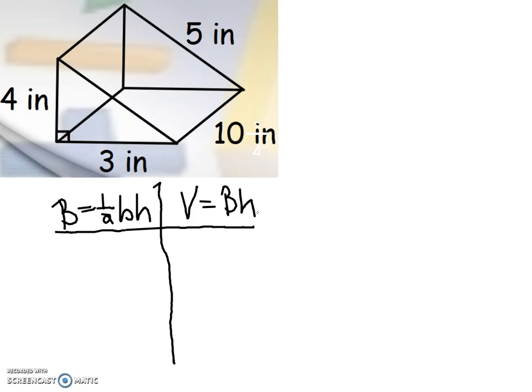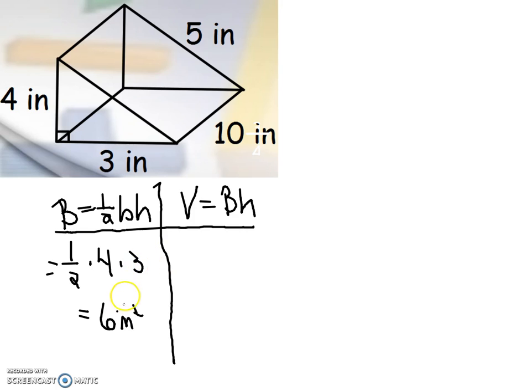Okay, well, let's find the area of the base first. So 1/2 times 4 times 3. Well, half of 4 is 2, and 2 times 3 is 6. So we have 6 inches squared. That's the area of the base.